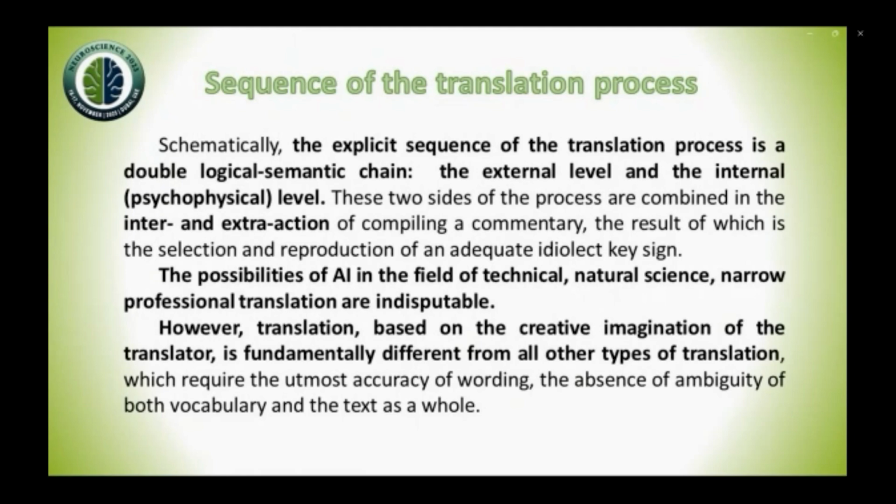The possibilities of AI in the field of technical, natural science, narrow professional translation are indisputable. However, translation based on the creative imagination of the translator is fundamentally different from all other types of translation, which require the utmost accuracy of wording, the absence of ambiguity of both vocabulary and the text as a whole.